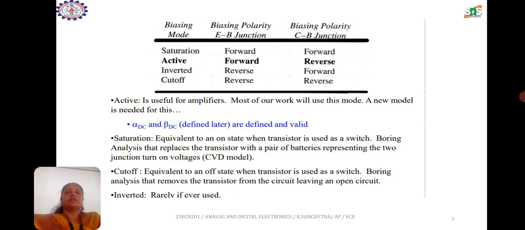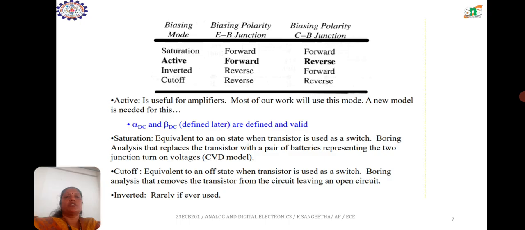There are some biasing modes: active mode, saturation mode, cutoff mode and inverted mode. In active mode, the input junction is forward biased and the output junction is reverse biased, and it is useful for amplifiers. Most of our work will use this mode.